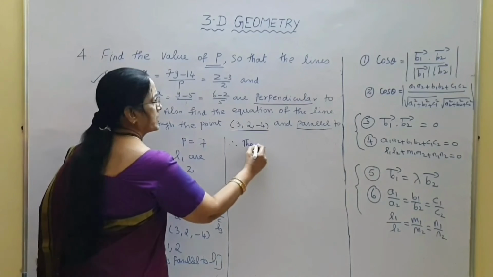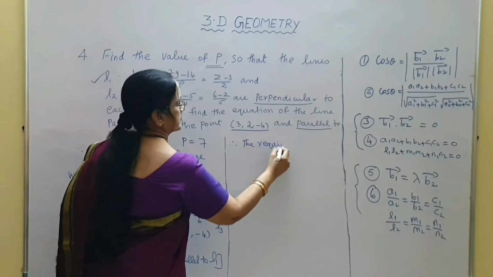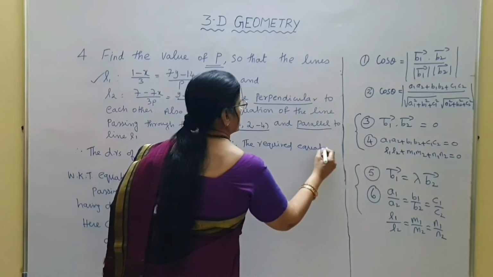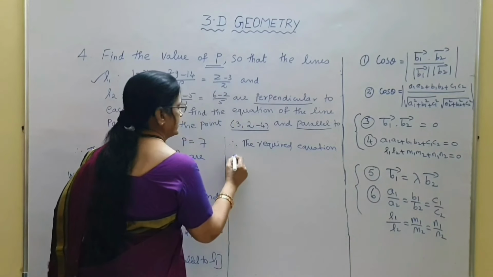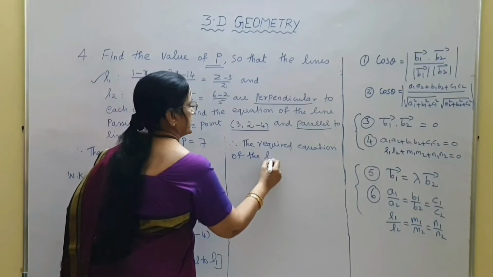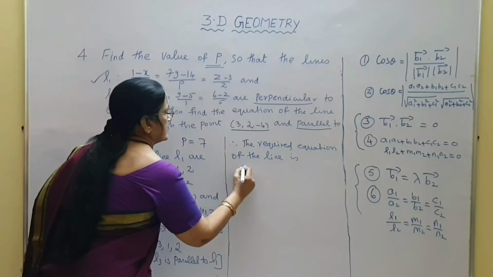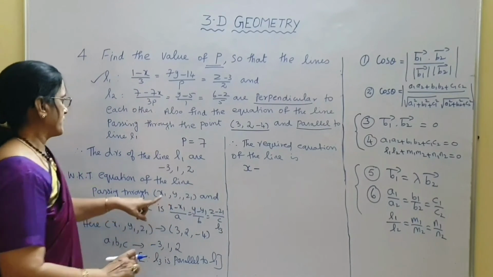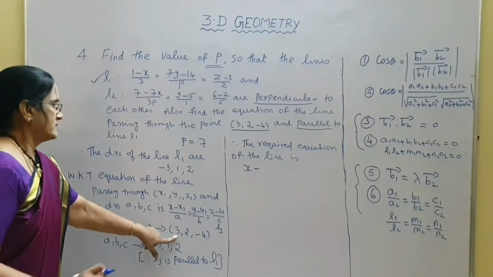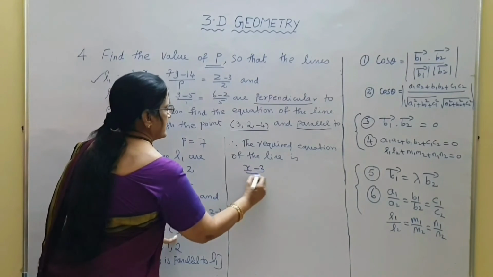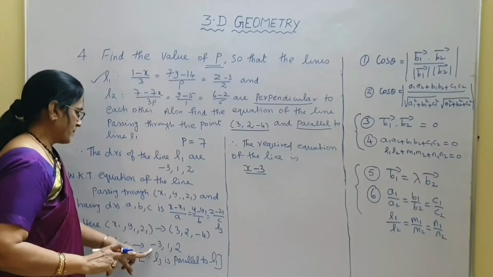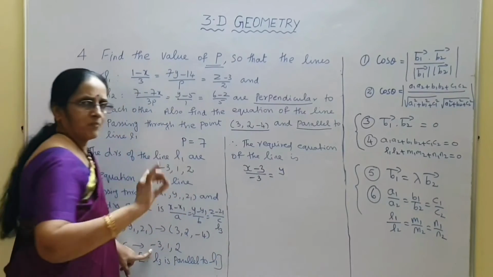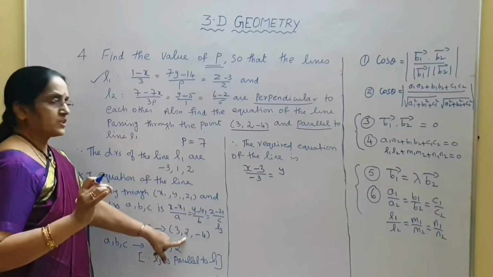The required equation of the line is x minus x1. x1 here is nothing but, already we have made a note of it, 3. So x minus 3 by a. A is nothing but minus 3, equal to y minus y1. y1 here is 2.